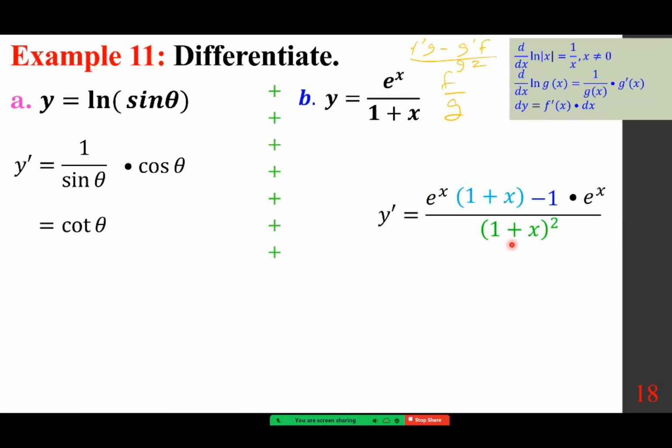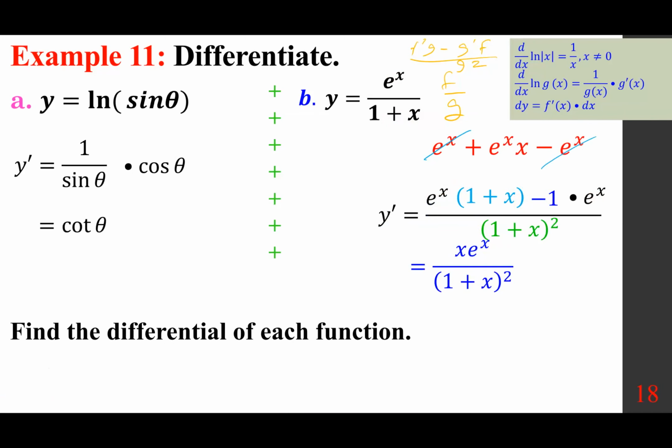A simplification of the top requires multiplication here, e to the power of x times x, minus e to the power of x. These two cancel each other. And we put the x in front, x e to the power of x over 1 plus x quantity squared. This was to remind you about differentiation we have done already.